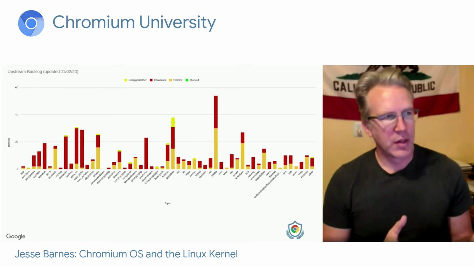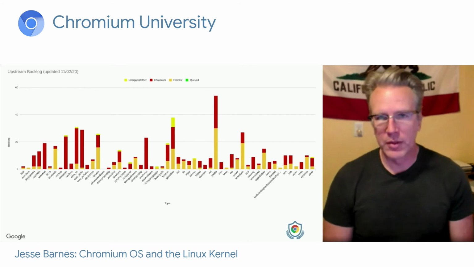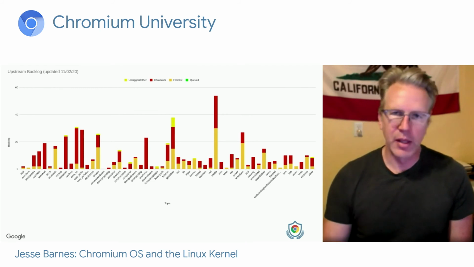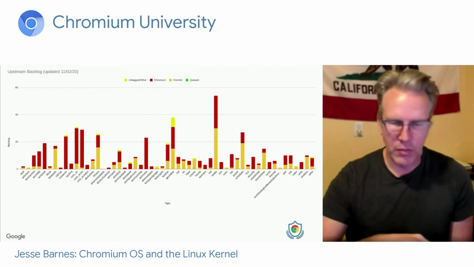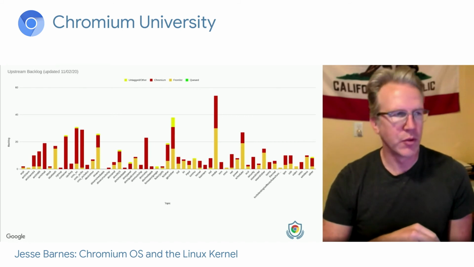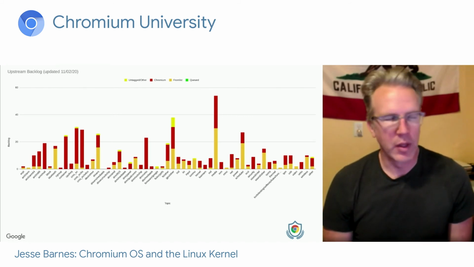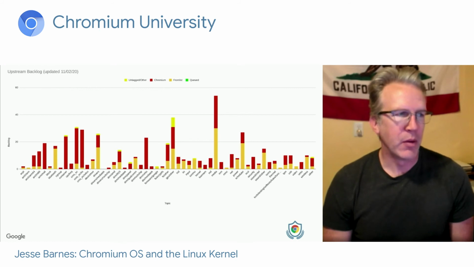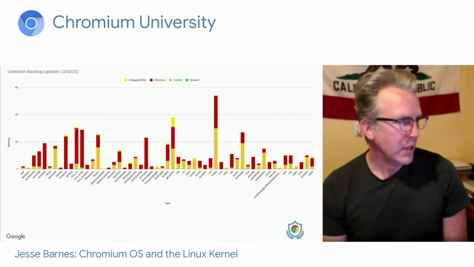Those are the ones that are most troublesome from a backporting and security perspective, because as we land the long-term stable kernel patches into our tree, those are the ones that are more likely to conflict. And they also can be tougher to uprev. So you can see a lot of those red bars.